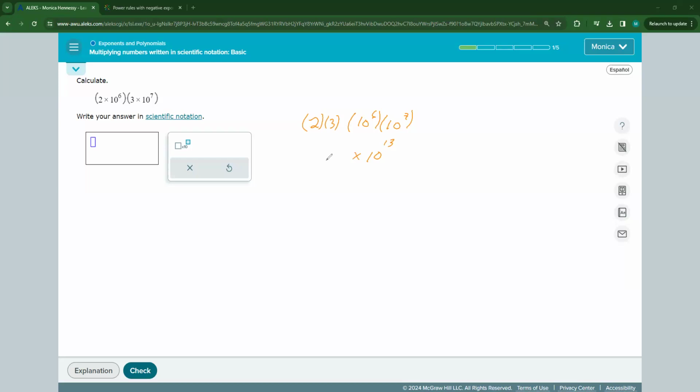And then 2 times 3 is 6. And remember, there is a decimal after that, so I only have one digit to the left of the decimal. So this is just going to be 6. You could do 6.0, but since we're talking scientific notation, we're not going to add any extra zeros because they didn't give them to us to begin with.